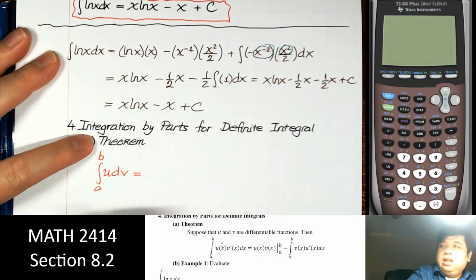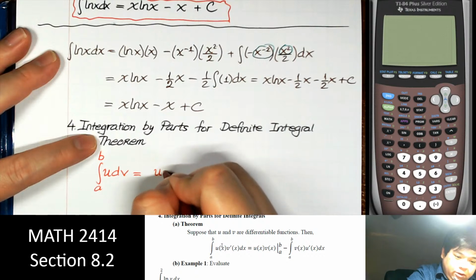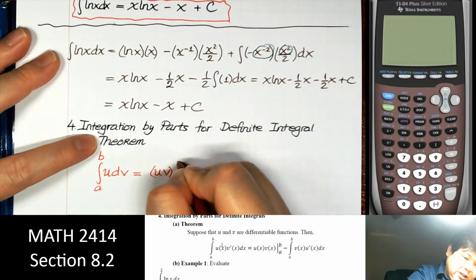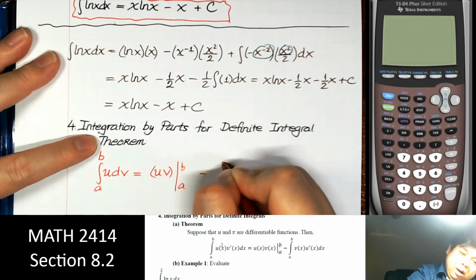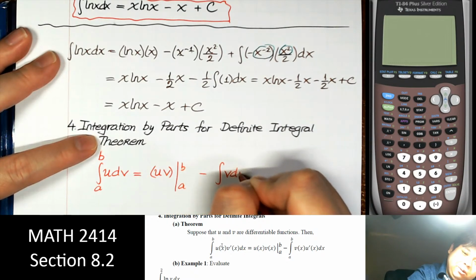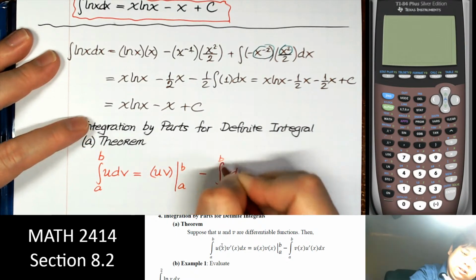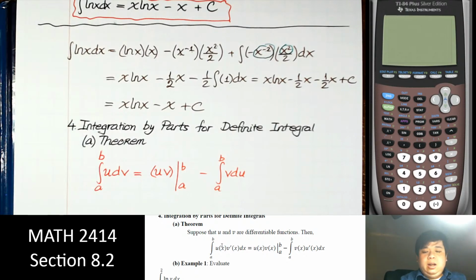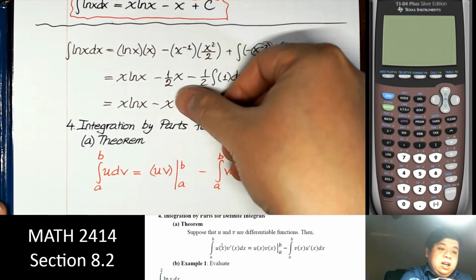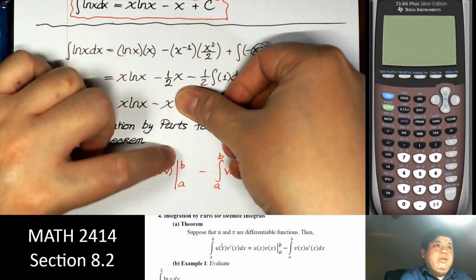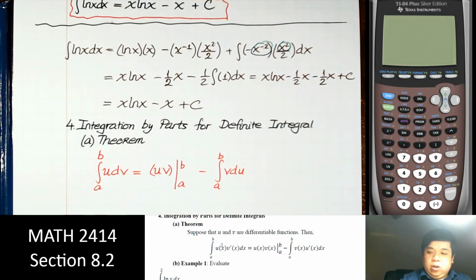Still u dv, so it's going to be u v integral from a to b and minus v du. So it's not a big deal. Instead of having a constant c at the end, we just have that integral and then evaluate. Let's go to the next example.